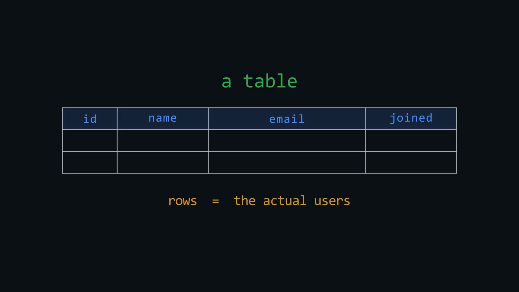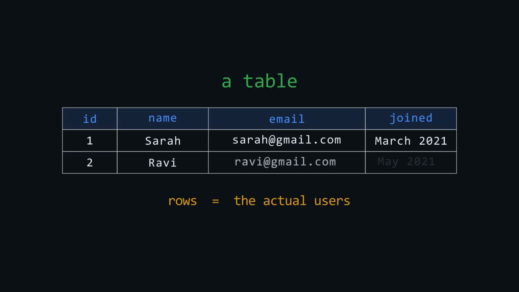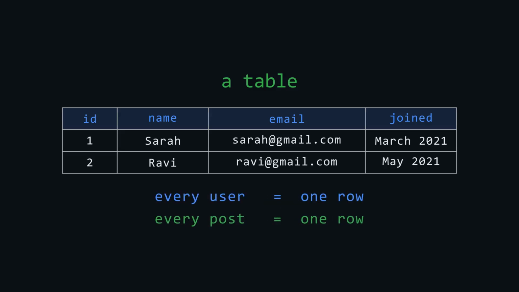One row per actual user. Row 1, ID 1, Sarah, sarah@gmail.com, joined in March. Row 2, ID 2, Tom. Every user is one row.